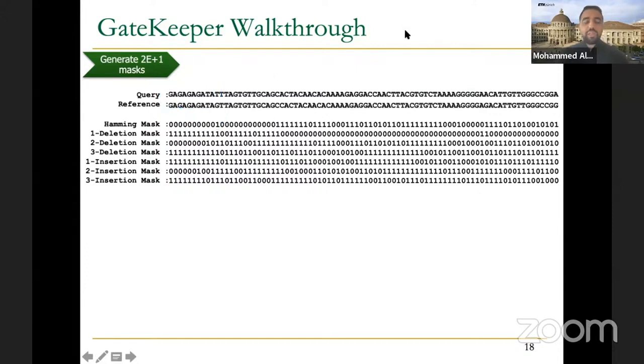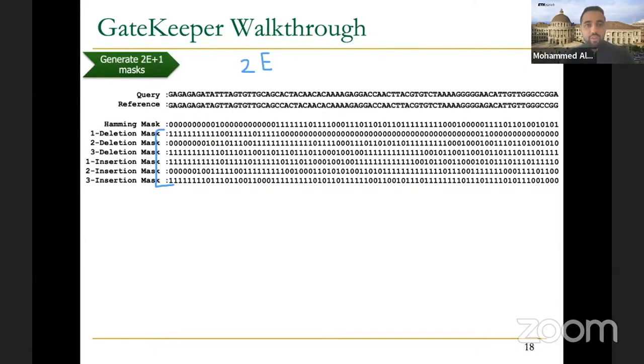Now, if they don't pass the Hamming distance, we build this set of vectors. How many of them? As we said, there are 2E. What is E? E is the edit distance threshold. How many edits do you want to tolerate? 3, 4, 5, 6, right?